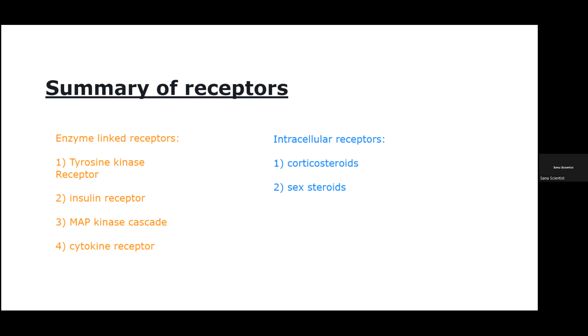And remember that they are inactive when they are in monomeric state, but they become active when they have the dimeric structure. So this is the main feature, that a dimeric structure is the active form of the tyrosine kinase receptor. So how do they do that?